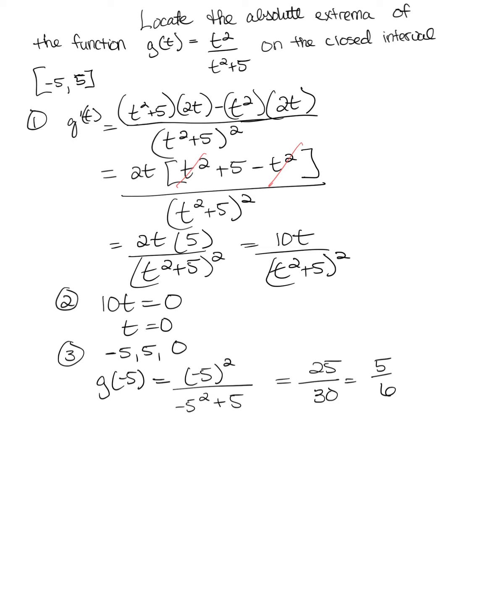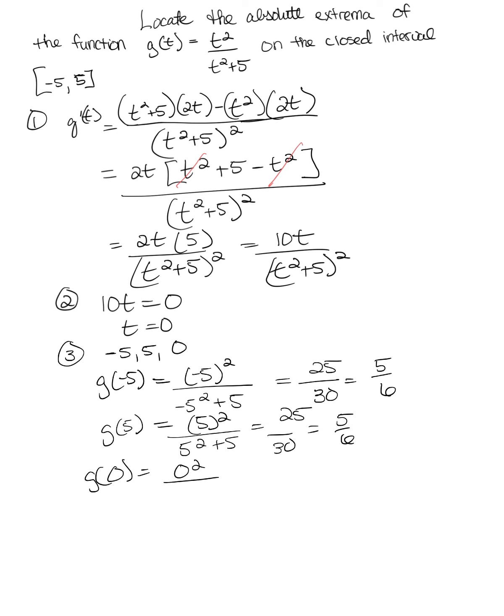All right, now if you do this for g of 5, you're going to get the same thing, right? Because you're just squaring it. I'll show it though. You're going to get 25 over 30 equals 5/6. Okay, and then at 0, g of 0, you're going to get 0 squared over 0 squared plus 5.